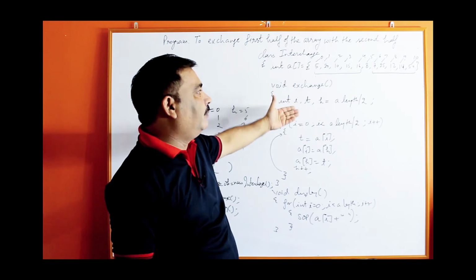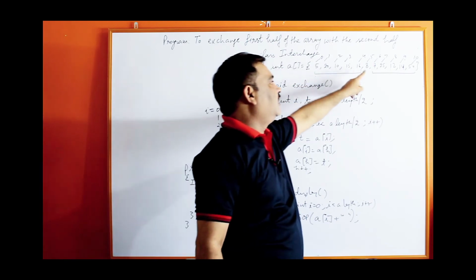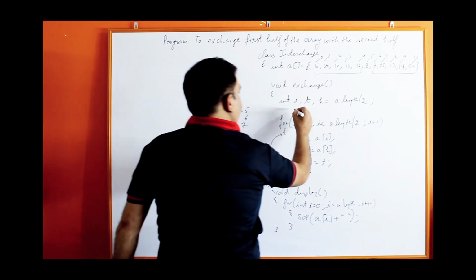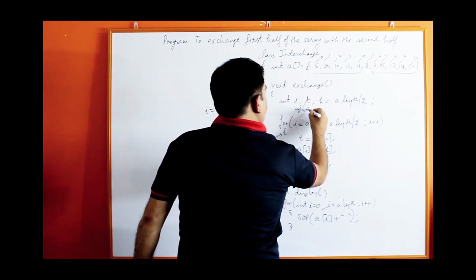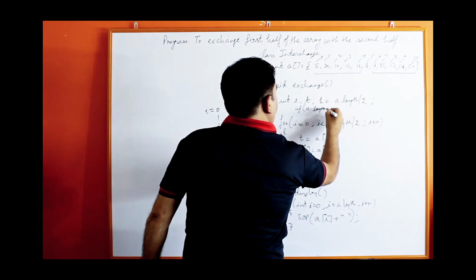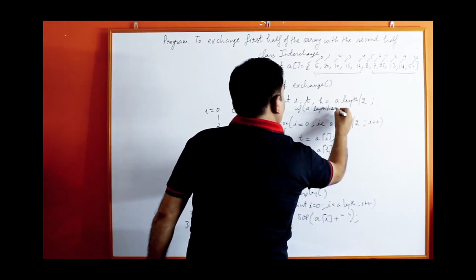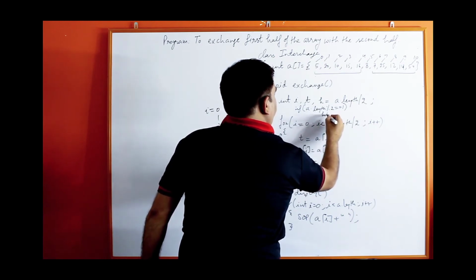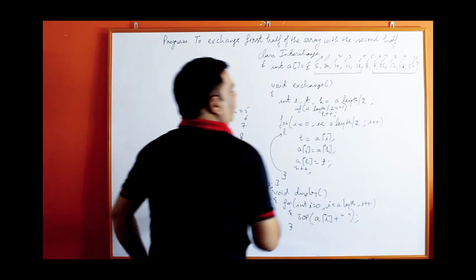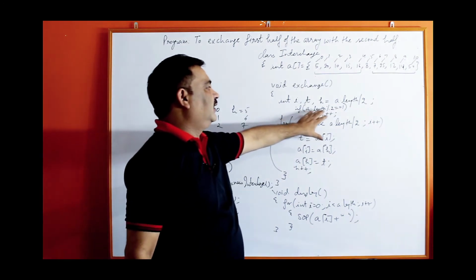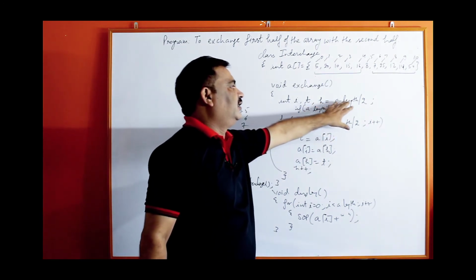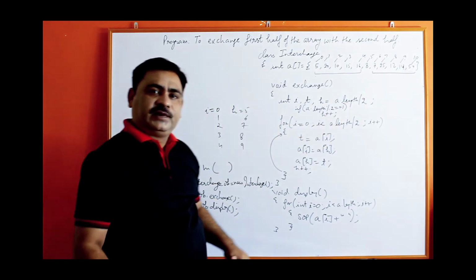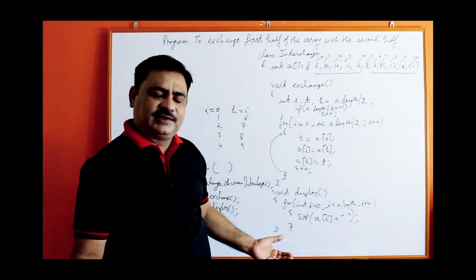If it contains an odd number of values, then you have to start the value of h from 6. For this, if a dot length modulus 2 equal to 1, it means the length is odd, then increase the value of h by 1. But if the length is even, h will remain at just the half index. In such a way, you can exchange the first half of the values with the second half.